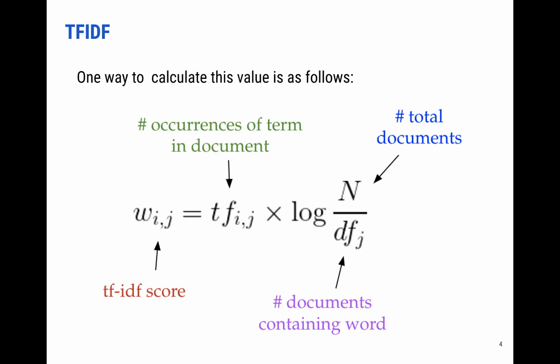And you take that and you multiply it by the logarithm, typically base 10 by convention, of the ratio of the total number of documents. So for example, if your corpus is divided up into paragraphs or chapters, you want the total number of paragraphs or chapters. And then you want to divide that by the number of paragraphs or chapters, or whatever unit you're using, that contain the word at least once.